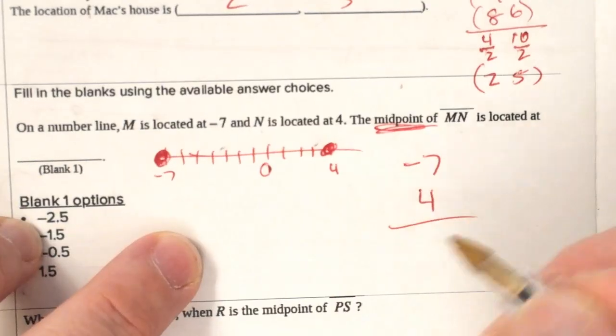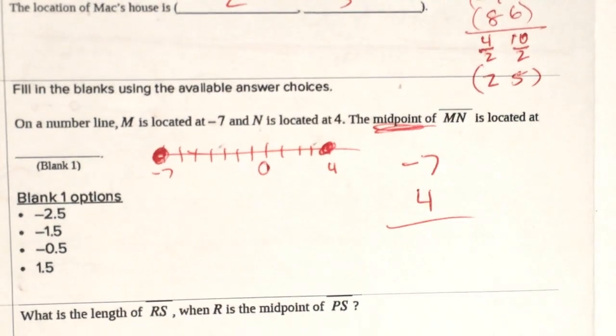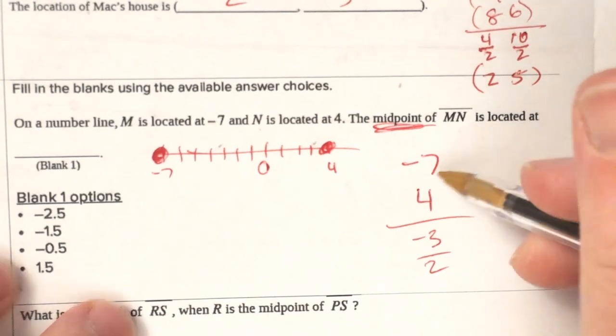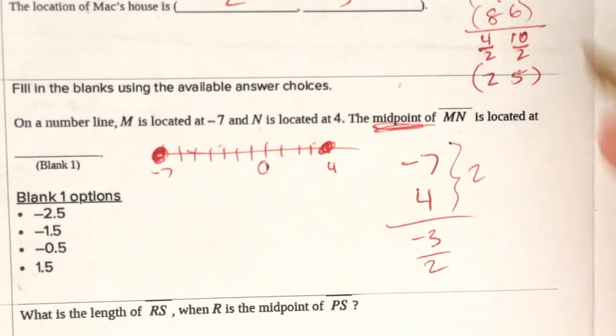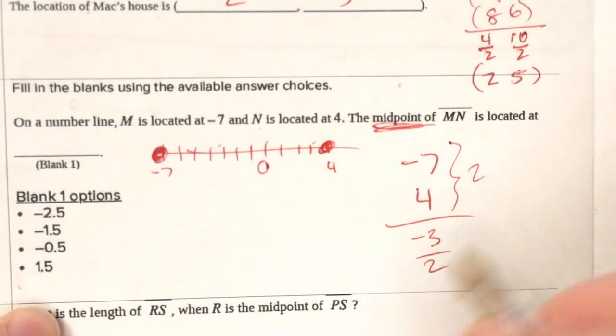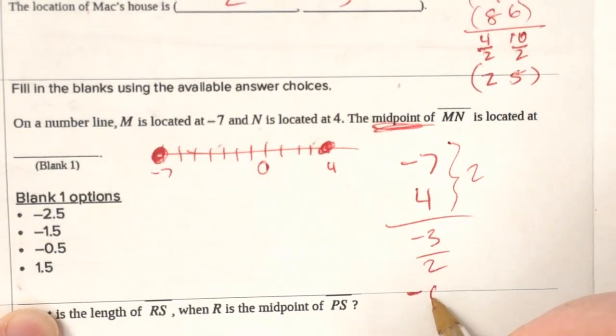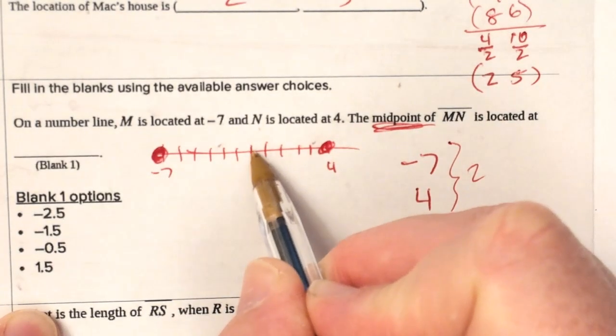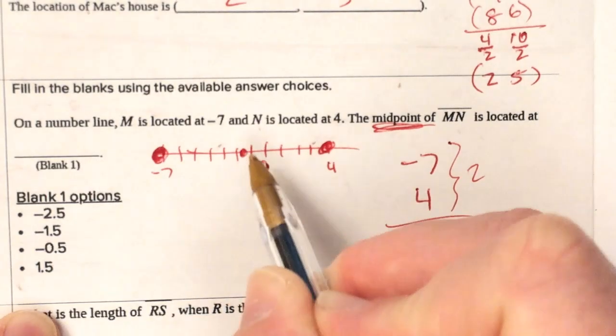We're going to just add those together and divide by how many we had. Negative 7 plus 4 is negative 3. Then you divide by 2, because there's 2 of them, right? And that's our answer, negative 1.5, which checks out, and that looks correct.